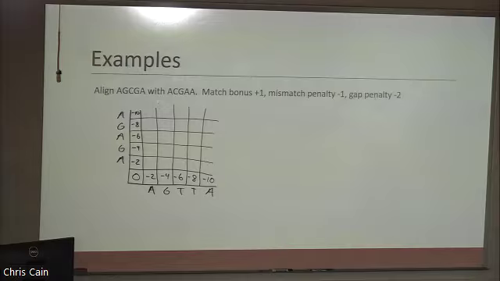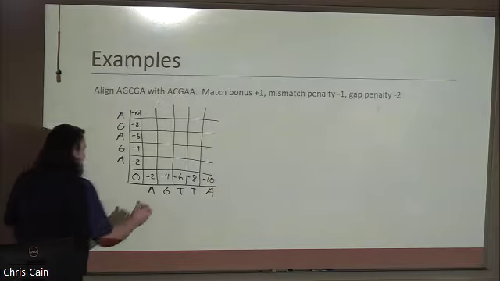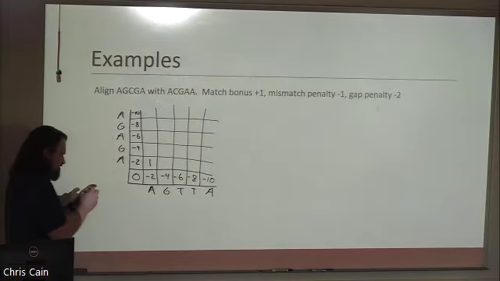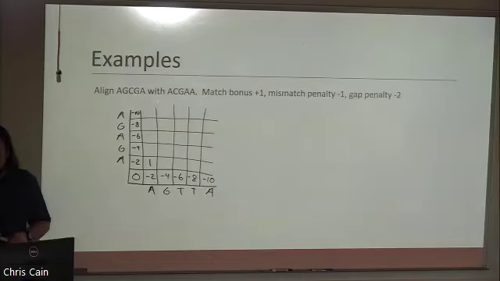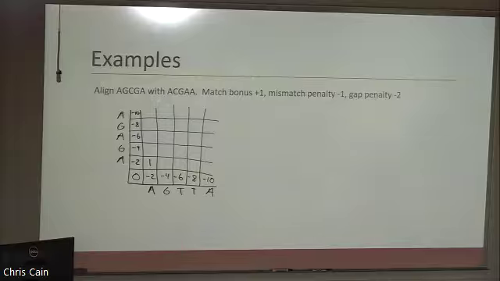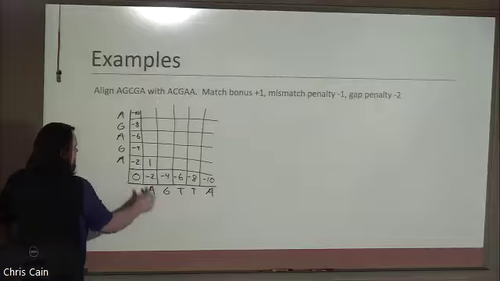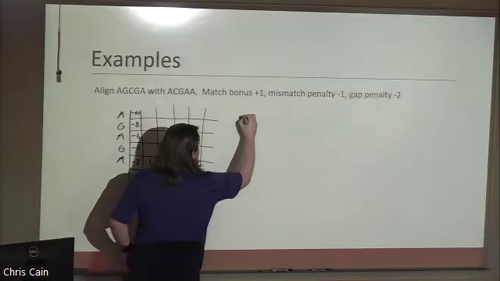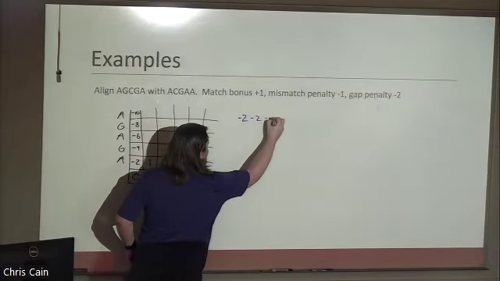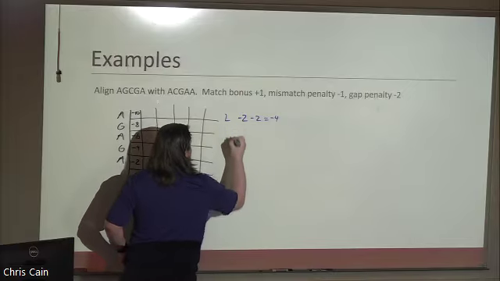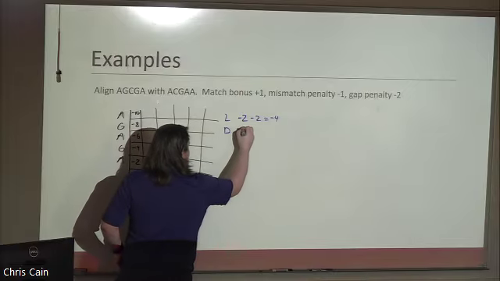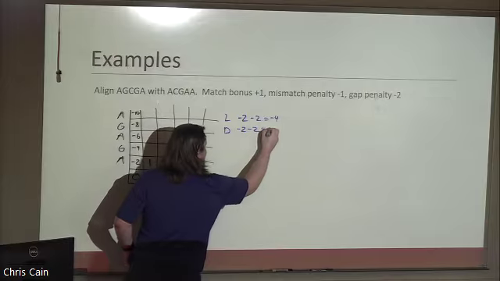1. That is right. There's a 1. Yep. There's a match of A and A. So we had 3 options. Our 3 options are this gap plus another gap. So we have -2 minus 2 is -4 coming from the left. Coming from down, we would have the exact same thing.